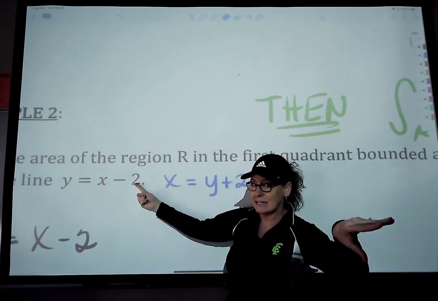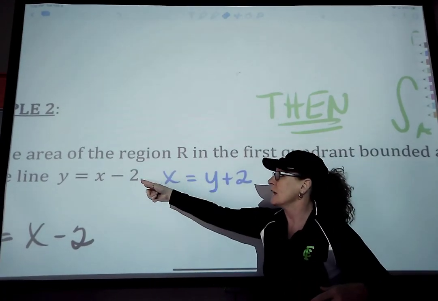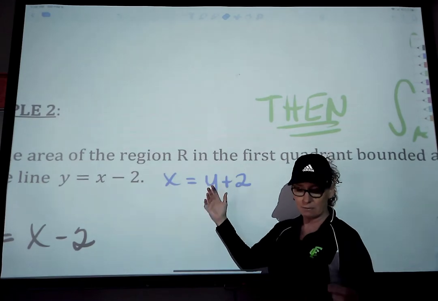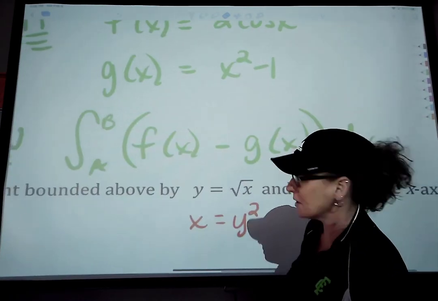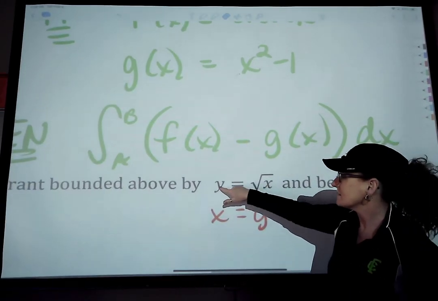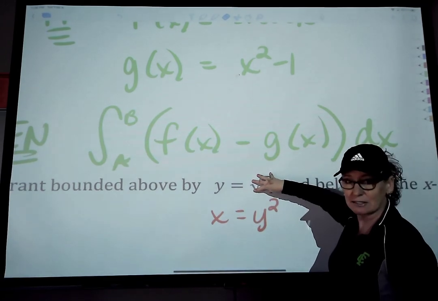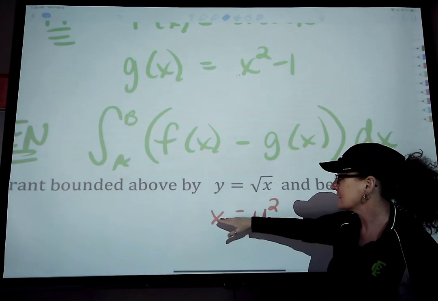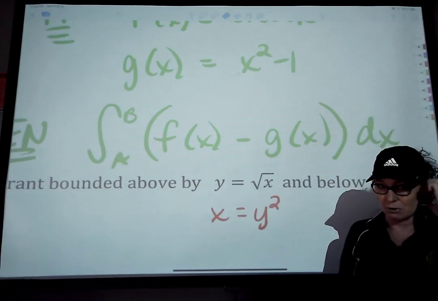Or, in case I need it the other way, here's the same function, but in terms of y, in case I need my variable to be y. And I did the same thing up here. So this is my function with x as my variable. Or, if I need to reverse it for any reason, same function with y as my variable.